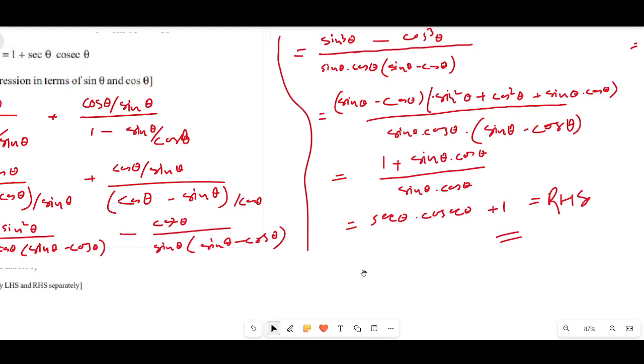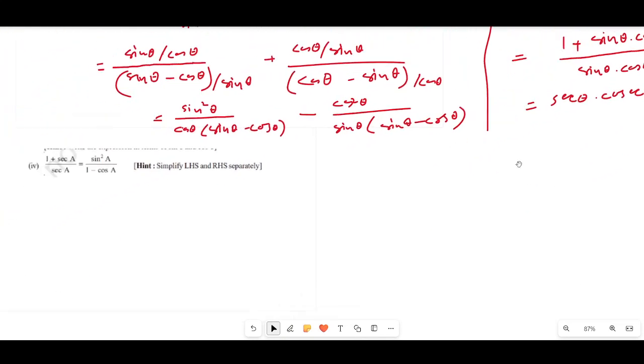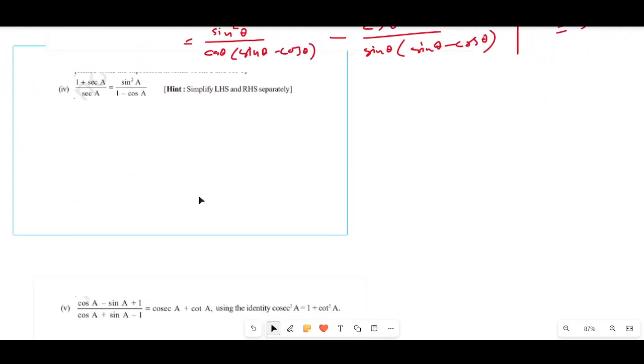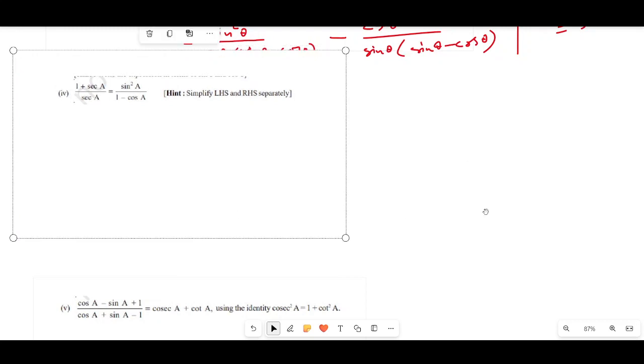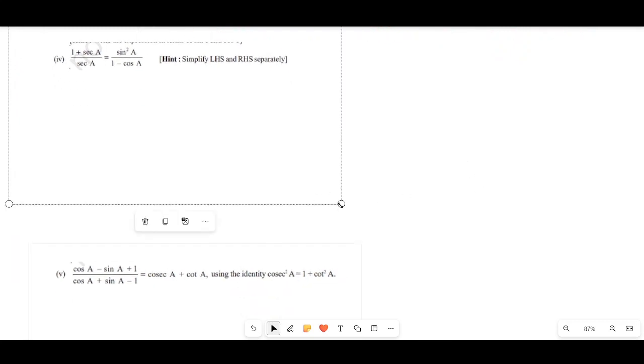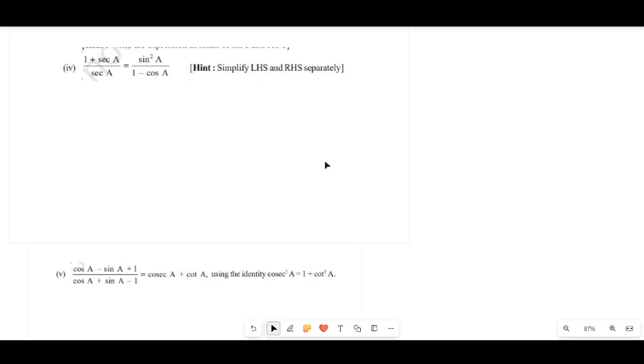Clear? Now come to the next part of the question. This is the fourth part of the question. Here (1 plus sec a) upon sec a equals sin square a upon 1 minus cos a.